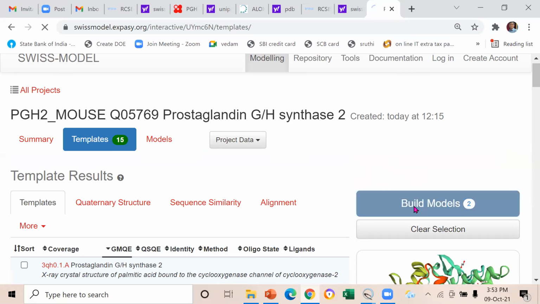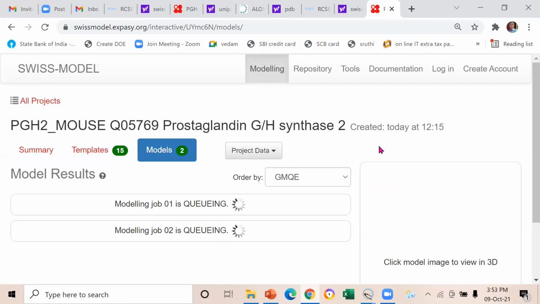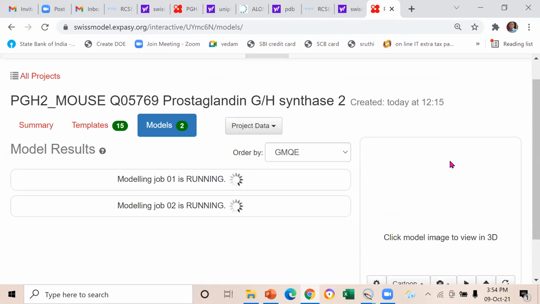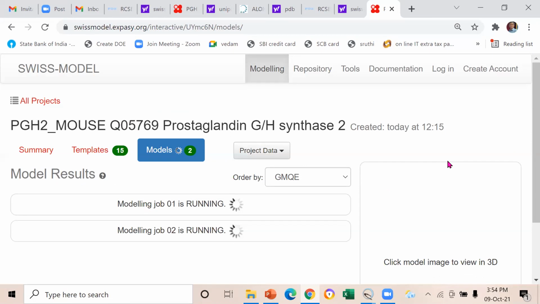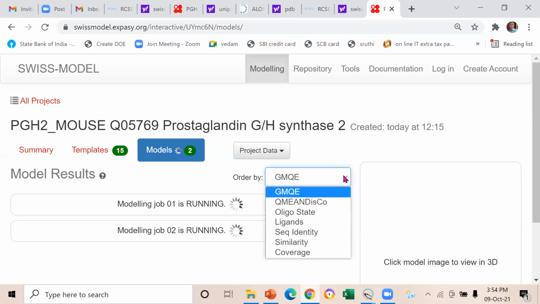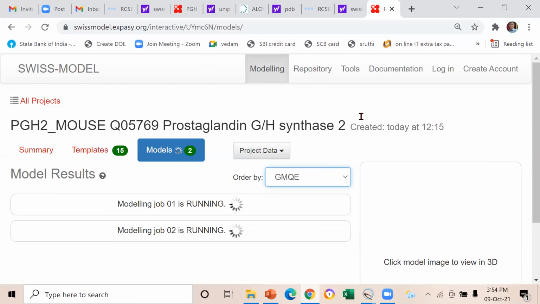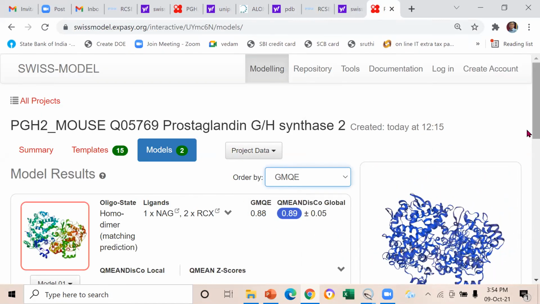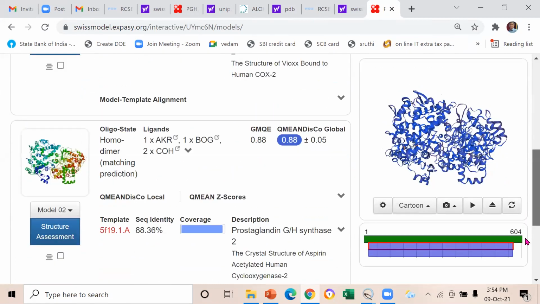Okay, it's called build model. So it's building. It's done very fast.